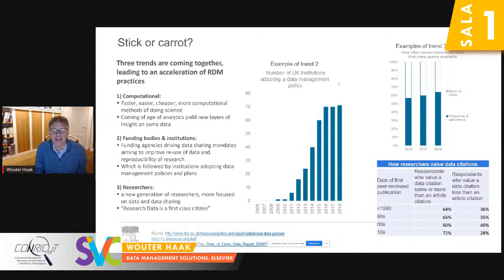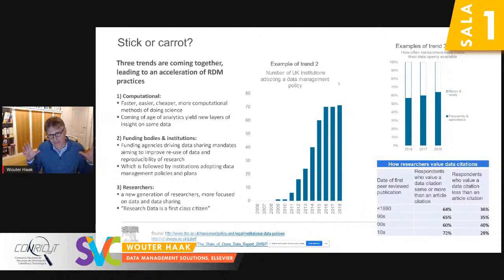Over the past 10 years, this has taken a very fast increase. And right now, there's basically no UK institution, no European institution, and I would venture no US institution either, that doesn't have its own data sharing policy. I'm sure that in Mexico, this is the same case. Many institutions are starting to care about their data.